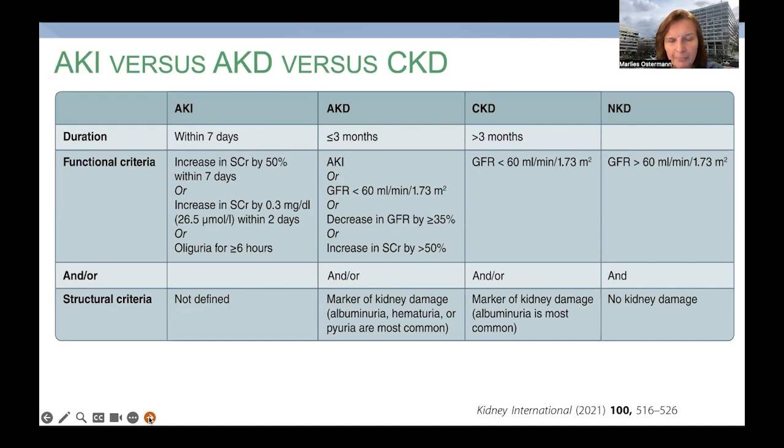And as shown here, acute kidney disease was defined by the presence of kidney disease lasting for less than 3 months, and the additional functional criteria of either acute kidney injury or a fall in GFR to less than 60 mL per minute, or a decrease in GFR by more than 35%, or a simple rise in creatinine by more than 50%, all present for less than 3 months.